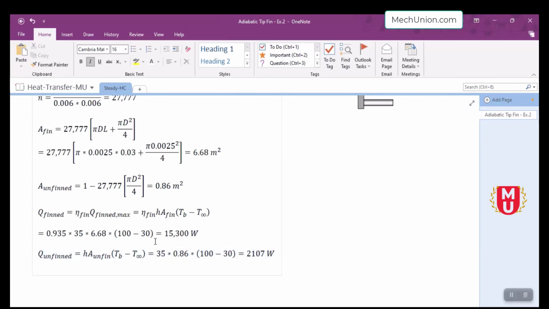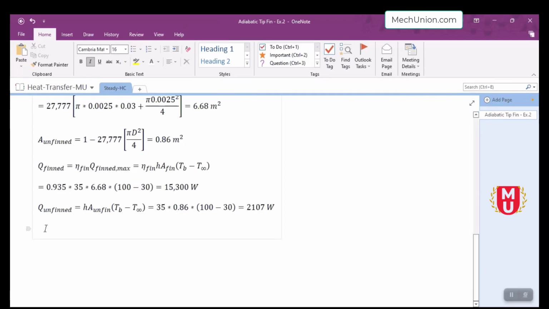You see that this is a smaller value. Then the total heat transfer from the finned plate becomes the summation of these two, 15,300 plus 2107, which equals 17.4 kilowatt.